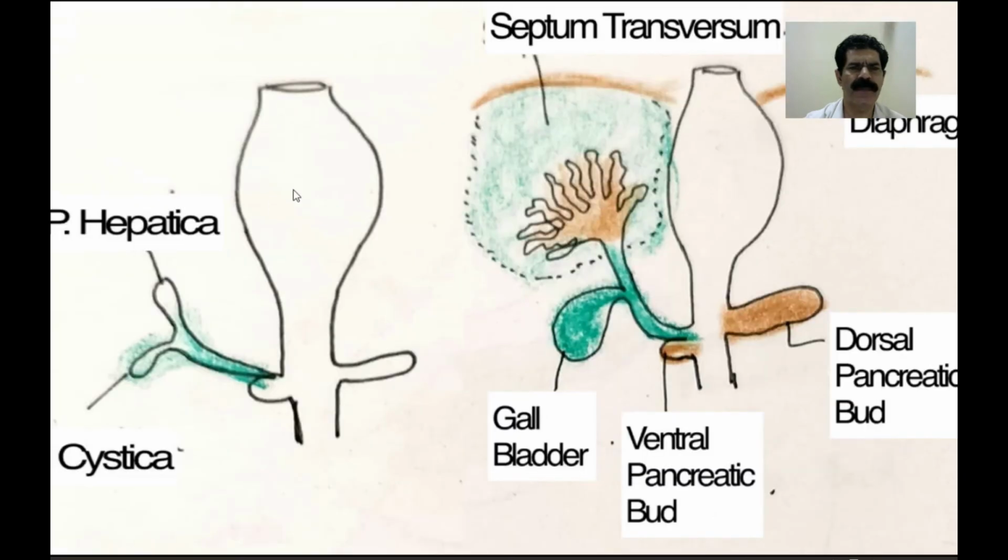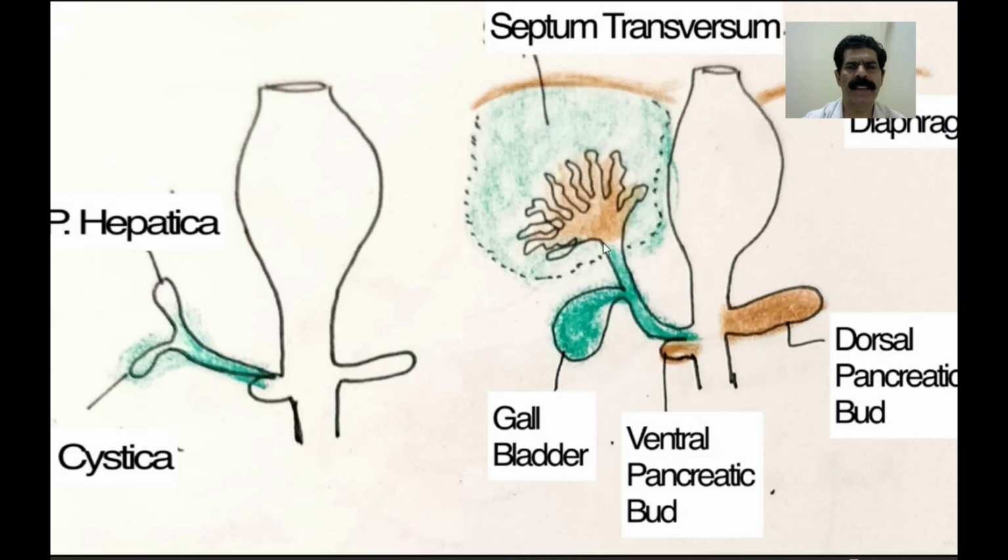So this is the developing stomach, and this is the hepatic bud, which is divisible into two parts. The larger one is the pars hepatica, and the smaller is called the pars cystica, and it develops from the part midway between the foregut and the starting of the midgut.